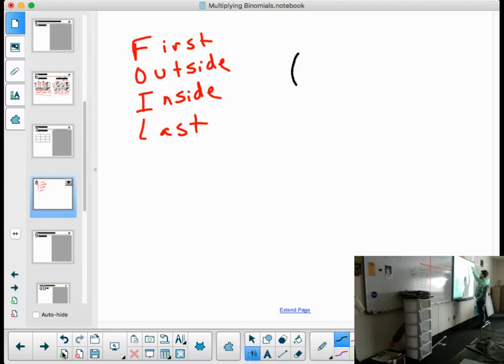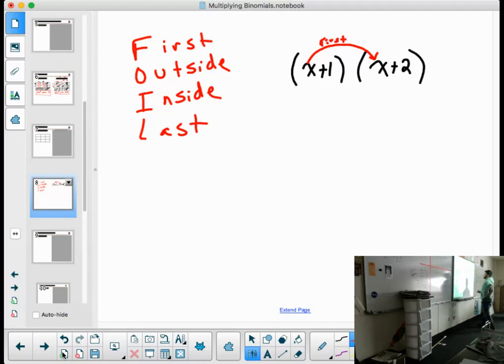Let's take just a really simple one like x plus 1 and multiply it by x plus 2. The F for FOIL just stands for the fact that we want to take the first term in each binomial and multiply them. First. Okay, so we're going to take x times x.